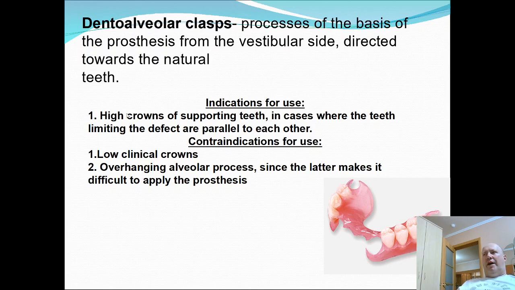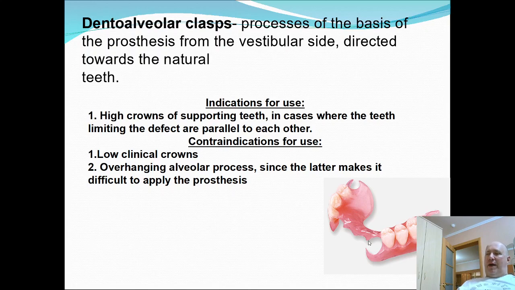Indication for use: high crowns of supporting teeth, in cases where the teeth limiting the defects are parallel to each other. Contraindications: low clinical crowns and overhanging alveolar process, since the latter makes it difficult to apply the prosthesis.